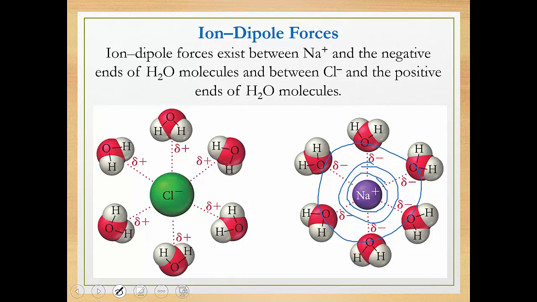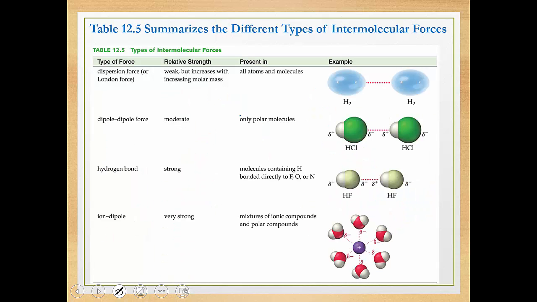So notice here on this side how all the molecules are lined up with the oxygens to the inside, the red molecule. Here they're lined up with the hydrogens to the inside, the white ones. But that property of the hydrogen bonding, those very strong dipole-dipole interactions, allows it to interact with the ions that you find in an ionic solid and kind of help to pull those apart and dissolve those.